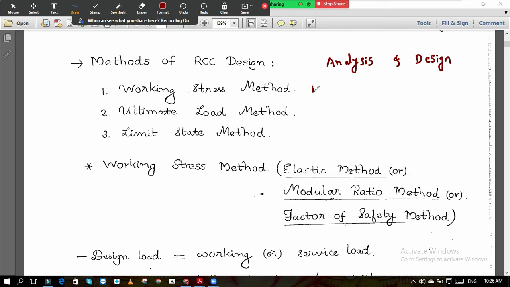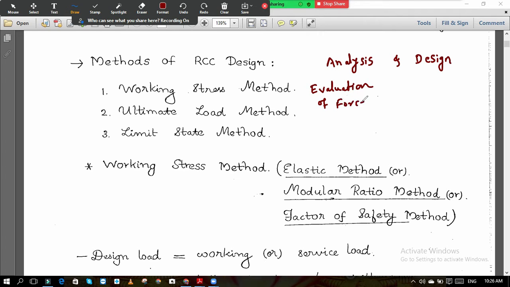I have told you all this earlier also. So what is analysis? Analysis means evaluation of forces.